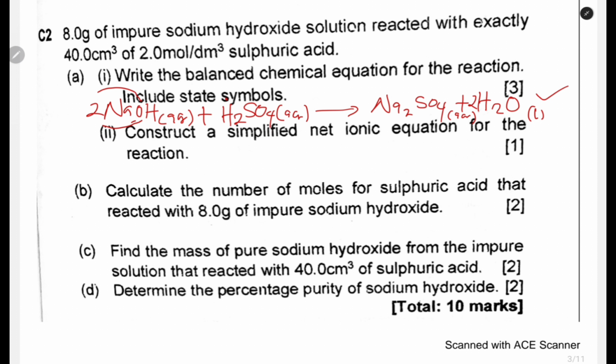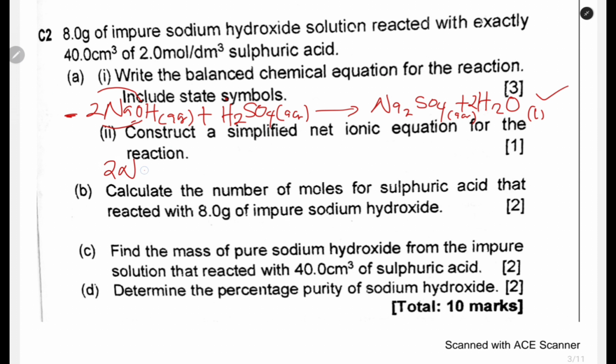Construct a simplified net ionic equation for the reaction. Simplified net ionic equation requires you to split those that are in aqueous. That is the equation that you've constructed. If you've done the wrong thing when constructing the balanced equation, then also this one you're going to get wrong. So from the balanced equation, you split those that are in aqueous. From this one, sodium hydroxide, I'm going to split it.